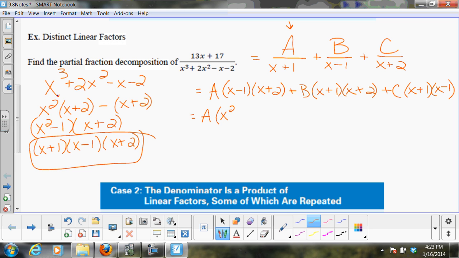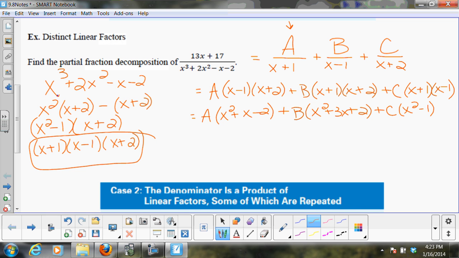A is x squared plus x minus 2. B is x squared plus 3x plus 2. And C is x squared minus 1. So I'm going to reorganize it.